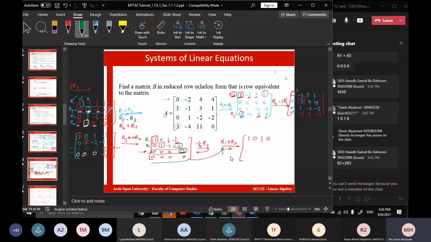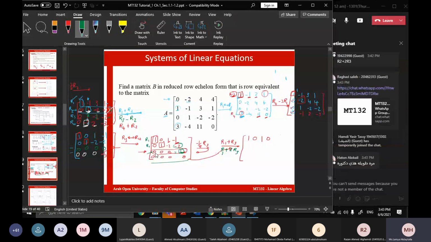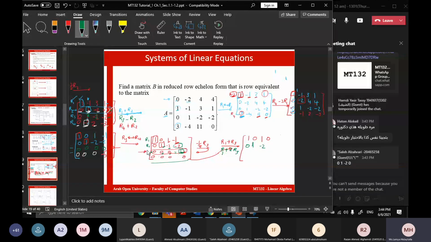The new R2 is equal to the old R2 plus 2R3. Right? Because if I multiply this by 2, this number is going to be 2, and when we add 2 and minus 2, it is going to be 0. Okay, so 0 plus 0 is 0, 1 plus 0 is 1, minus 2 plus 0 is minus 2, and minus 2 plus 2 is 0, since I multiply this whole row by 2.